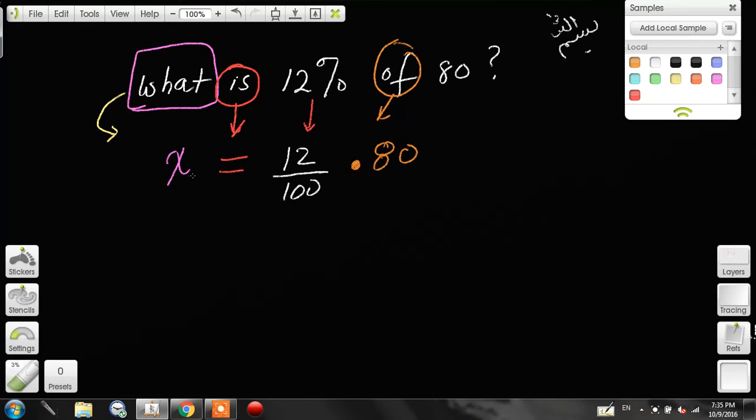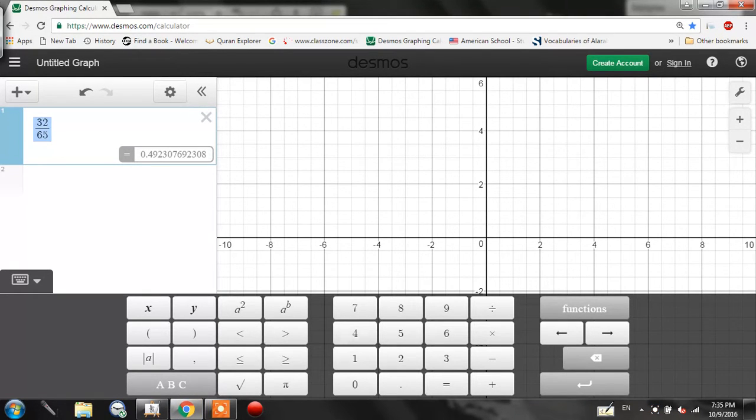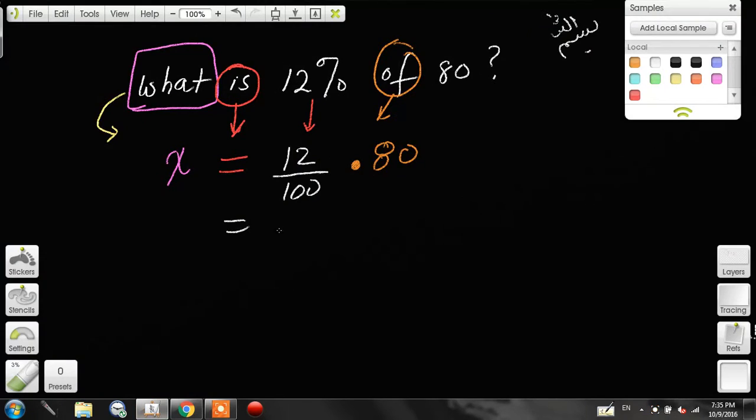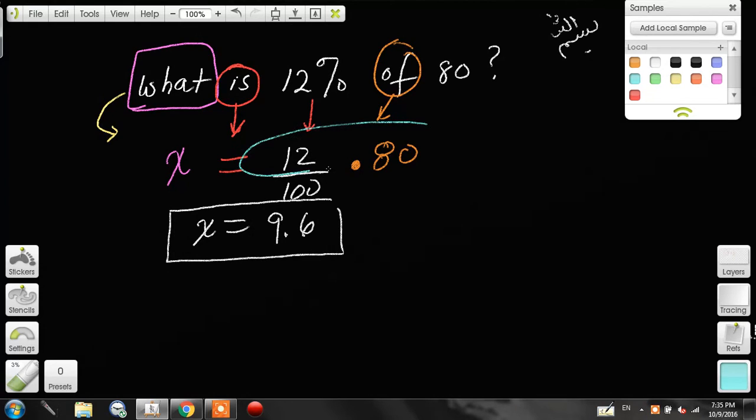And then it's easy enough to solve. You simplify this expression: 12 divided by 100, times 80. Ta-da! It is 9.6. So x is 9.6. You can just multiply the tops and divide by 100, however you do it.